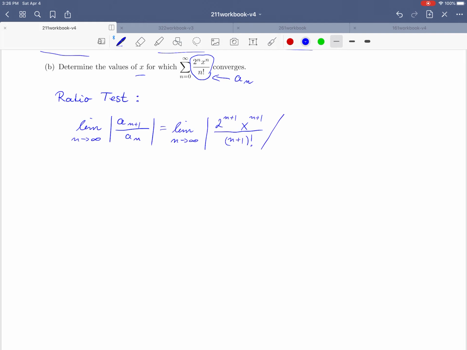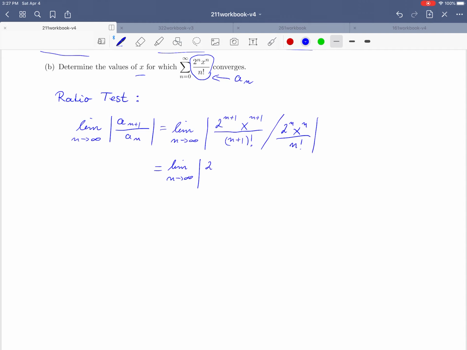And then we're going to divide that by a_n. So we're going to divide by 2 to the n, x to the n, divided by n factorial. All of that is in the denominator. And instead of dividing by a fraction, we can multiply by its reciprocal.